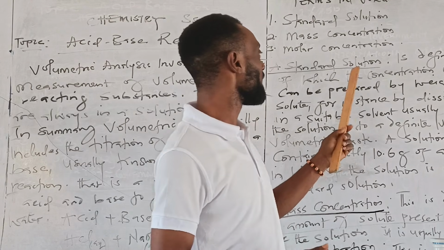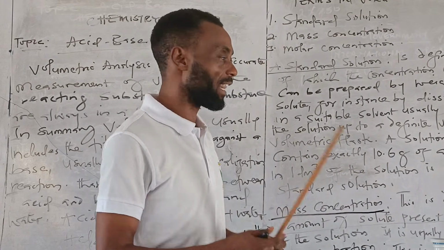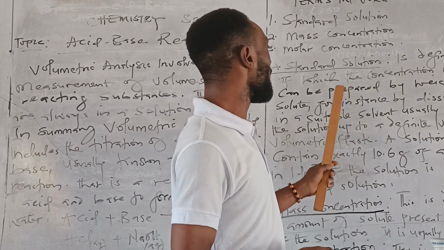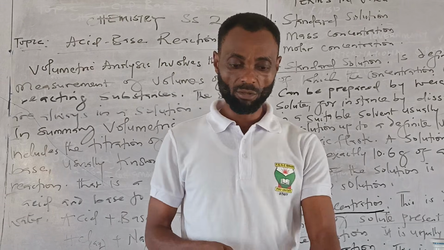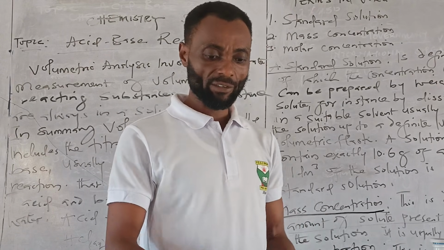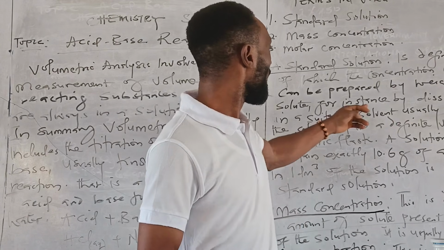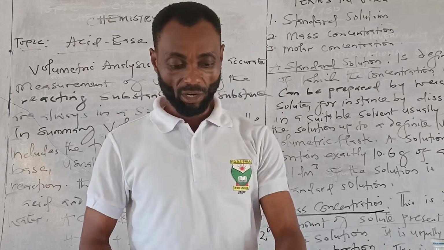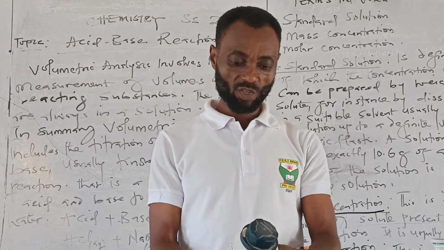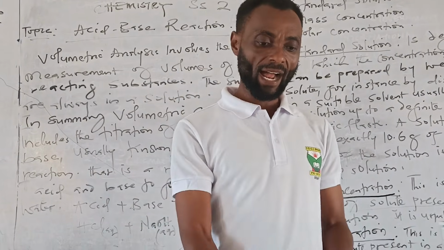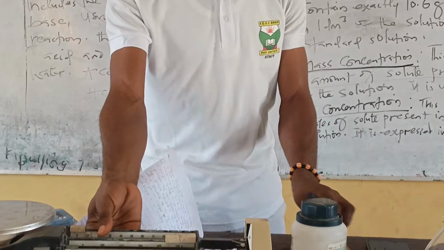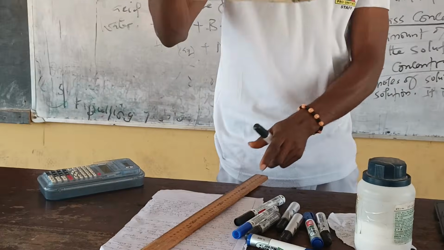And how do we prepare this standard solution in the lab? It can be prepared by weighing a pure solute, maybe, for example, a solid of sodium trioxocarbonate(IV), as you can see here, and you weigh it using the weighing balance.